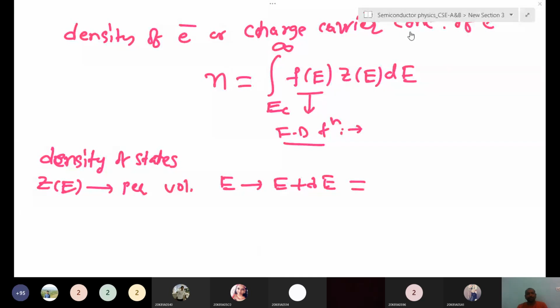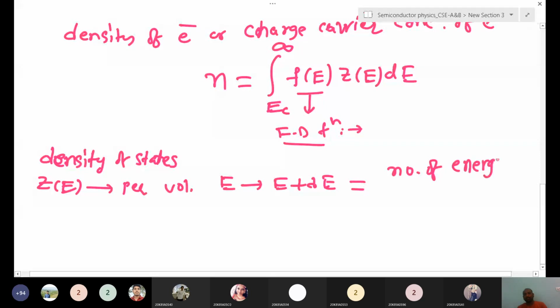Mass per unit volume. Very good. Now density of states means the number of energy states, here energy states only, per unit volume.